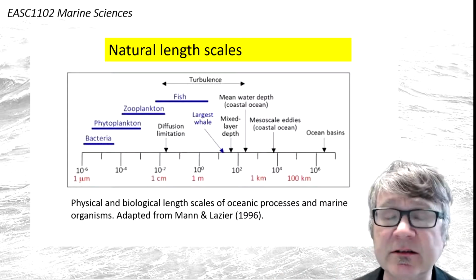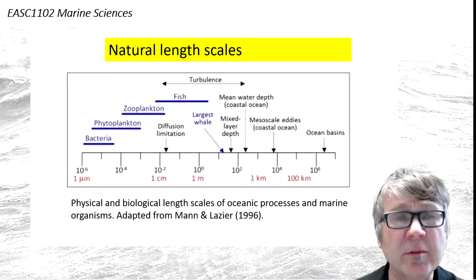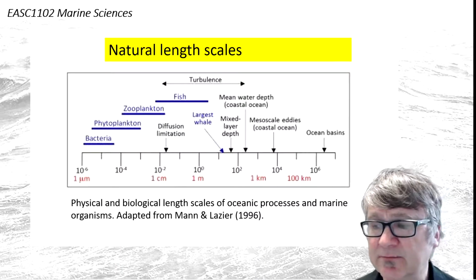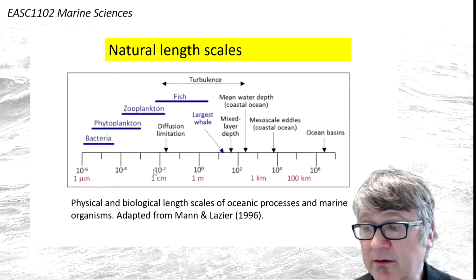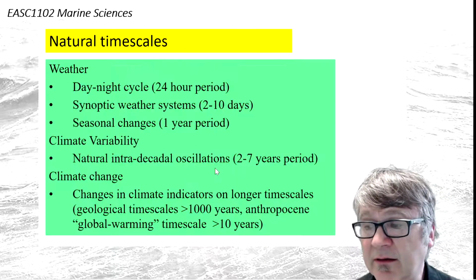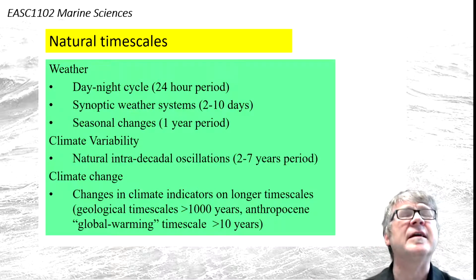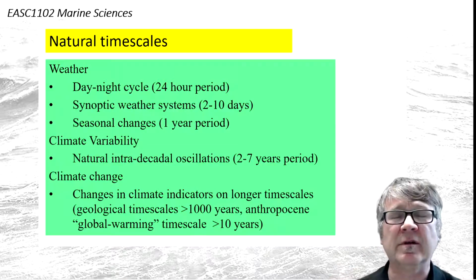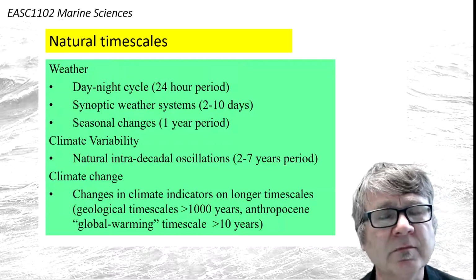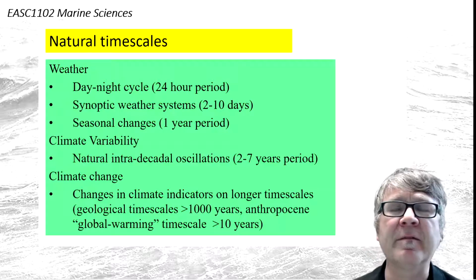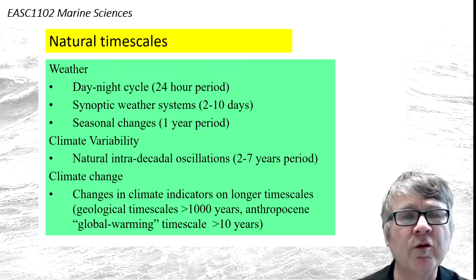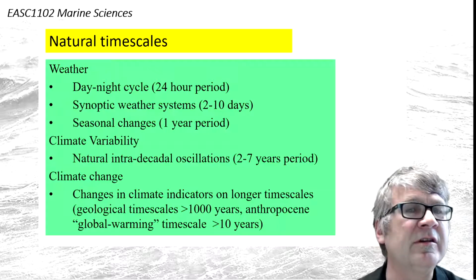And then the next thing that we do is we look at the time scales, and just think about different time scales that exist. Starting with the weather variations that we have. So this is now for a moment not about the ocean.